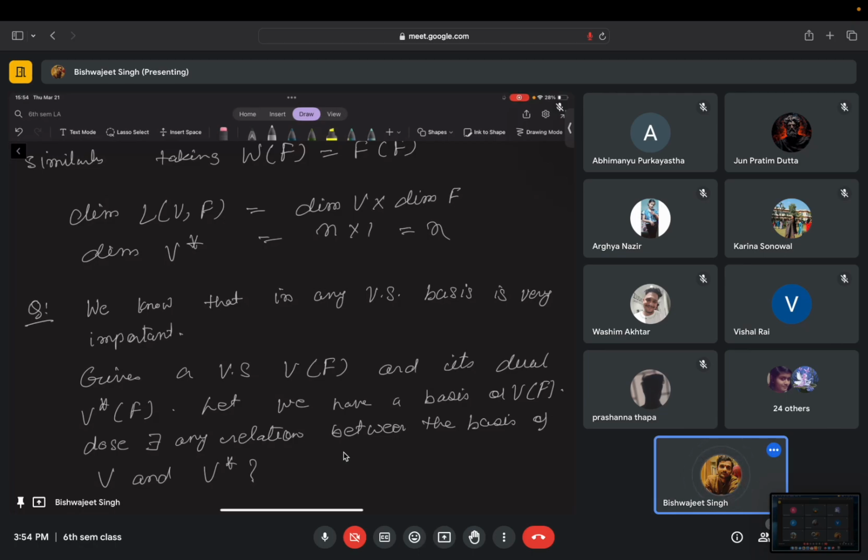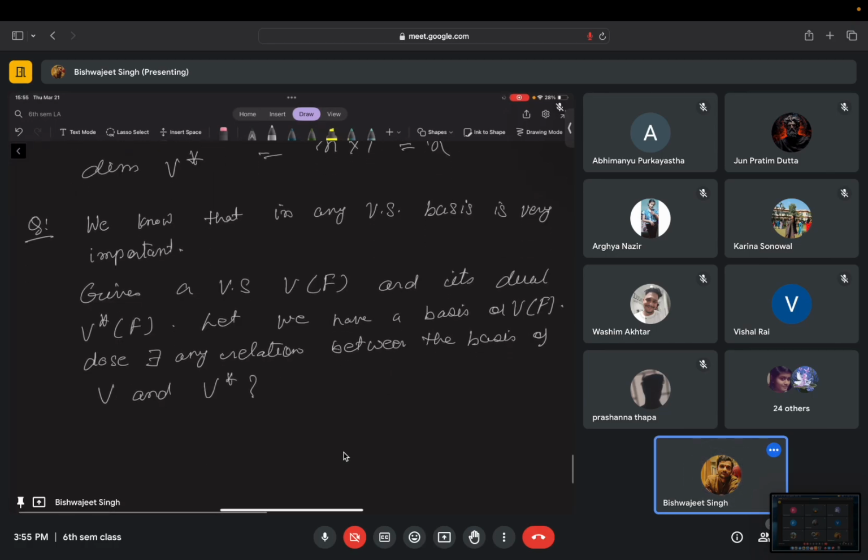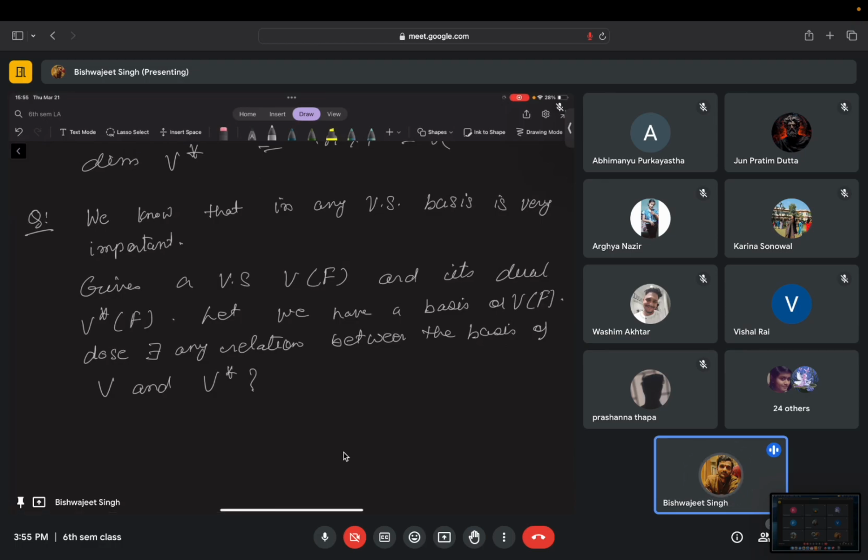V star is the set of all linear functionals which can be defined on this vector space V. Now I am giving you any vector space, R^n over R, polynomial vector space, matrix vector space, and I'll give you the basis of that vector space. So can we say anything about the basis of the dual space, that is V star? With this question I'll stop today, and I want you to think about it, and maybe you can tell me in the next class.